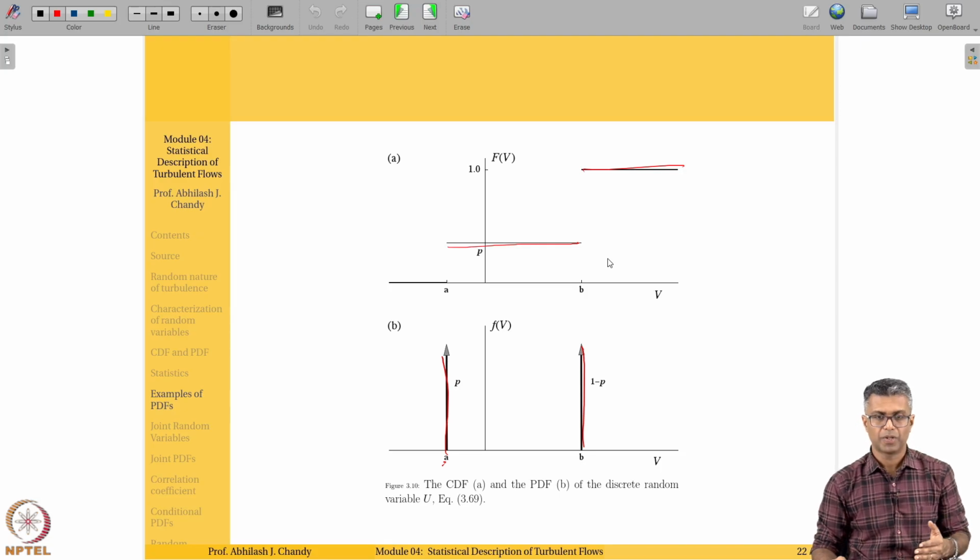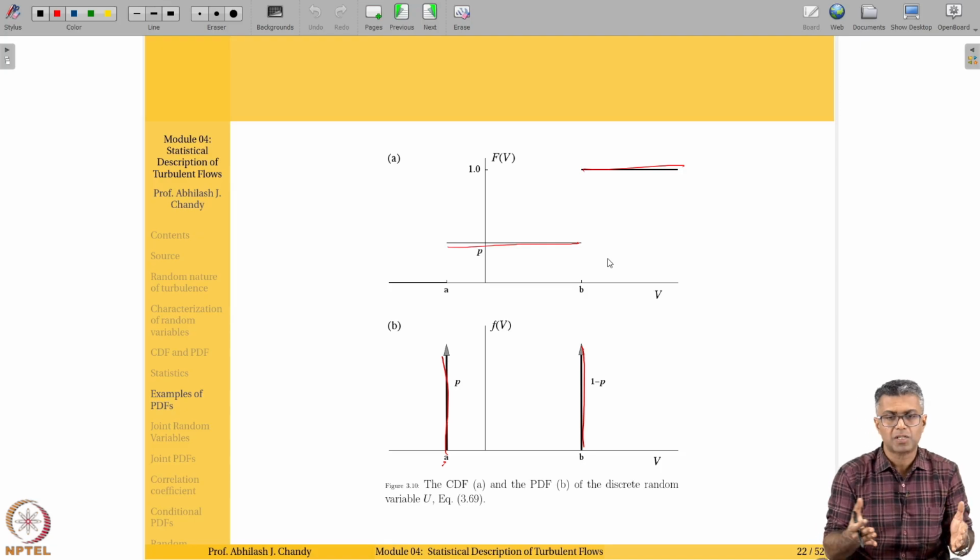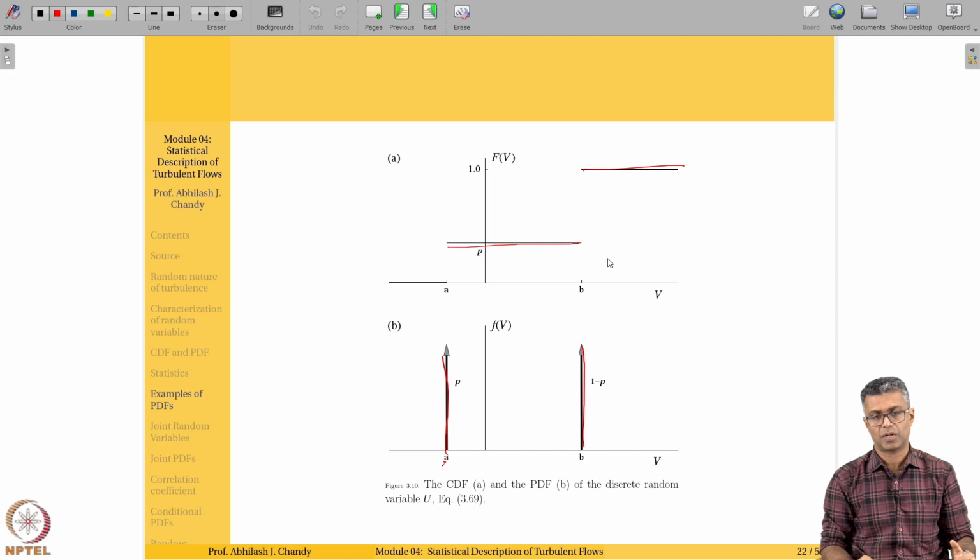These are used a lot in, for example, species transport or chemical reactions, where you have to characterize the mixture fraction or the species mass fraction. Sometimes you use some of these distributions there, but not for flow velocities. But it's interesting to know that there are these different random variables that you can characterize it with.